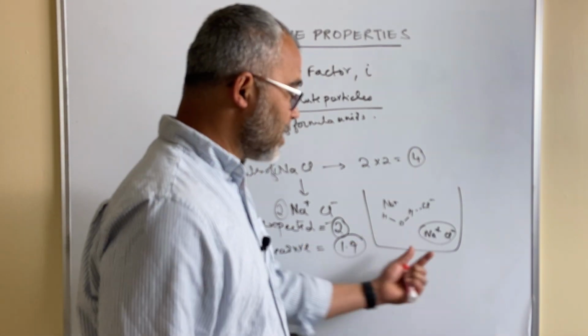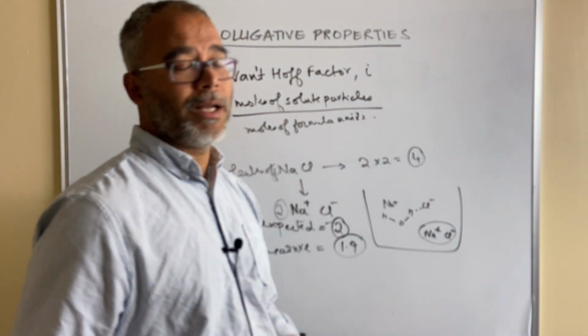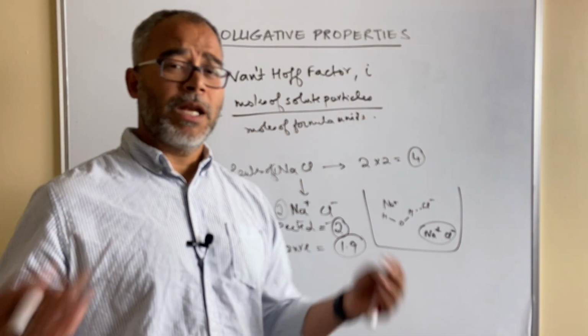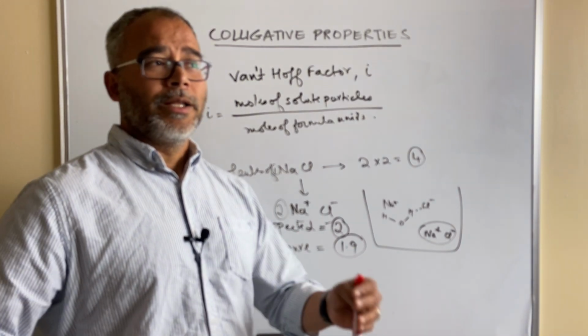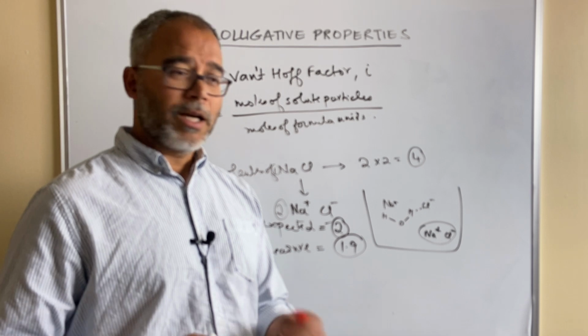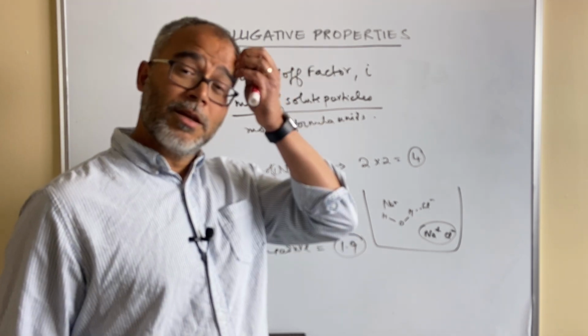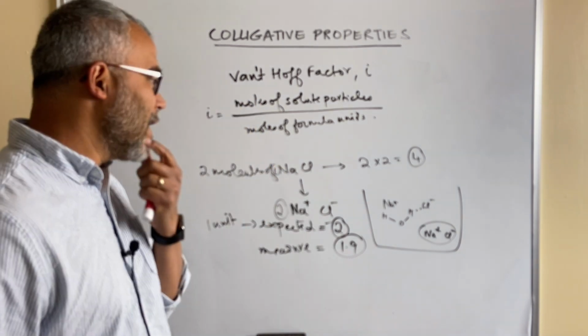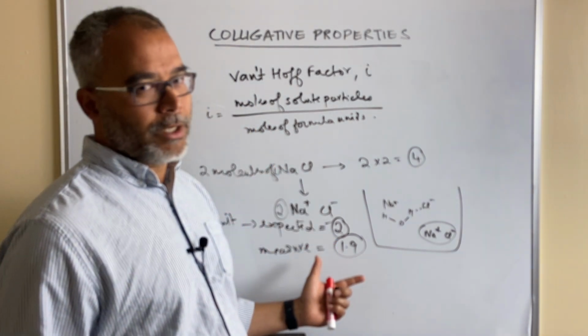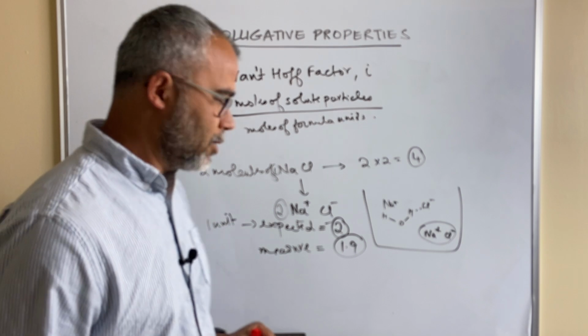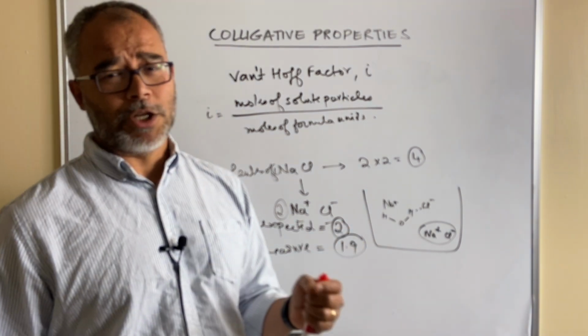And because of that, this is going to appear as one unit. But of course, since the solution has many molecules out there, some of them are going to appear as one unit because they come close to each other, but most of them are going to not appear as one unit, but as the split ions. So as a result of that, it's going to be close to 2, but not quite 2, and you'll see a little depression. So there's a difference between expected and measured.